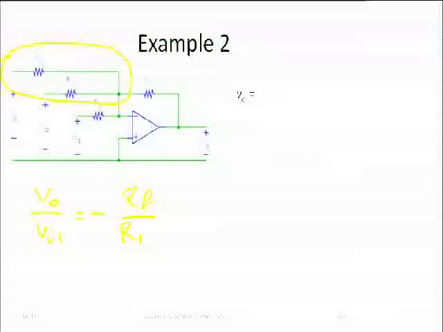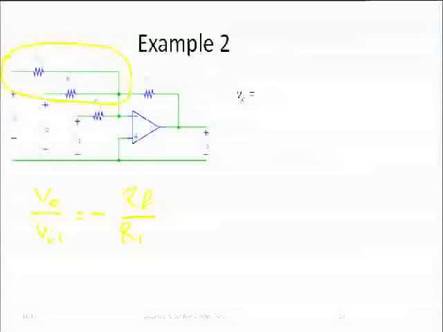All right, so now, of course, the stuff that I circled in yellow is actually there. And so how could we figure out what the total output is if we have not only VI1, but also VI2 and VI3? Is there a nice trick that you might remember on how to deal with that?